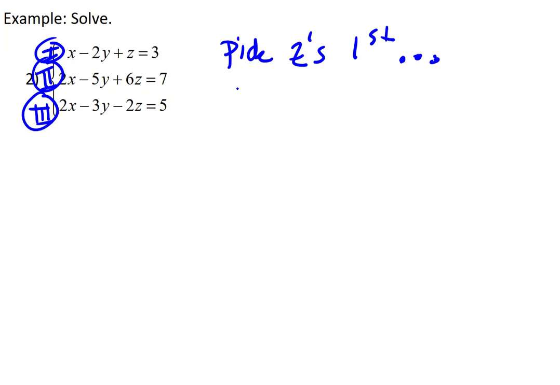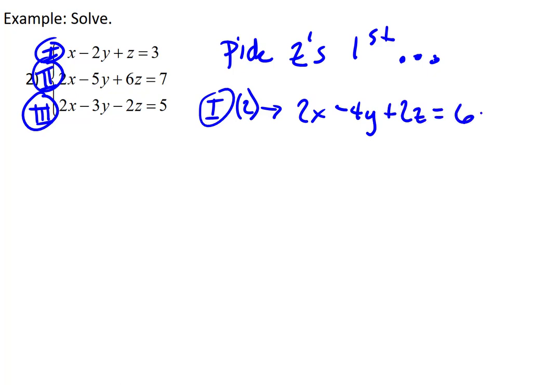We have to pick two pairs to eliminate z's. Well, why don't I start by picking equation 1 and 3. I'd have to multiply equation 1 by 2. If I do that, I would end up with 2x minus 4y plus 2z equals 6. My whole point is to eliminate the z's. If I look at equation 3, it's already set up to do that.